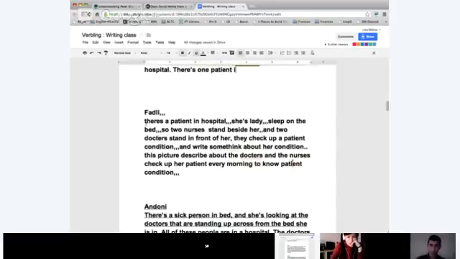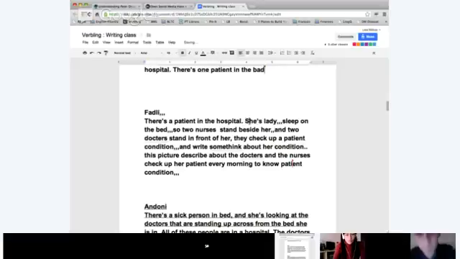Okay, good. All right. There's, so we put the apostrophe there to make there's a patient in the hospital, period. She's a lady asleep on the bed. 2 nurses stand beside her and 2 doctors stand in front of her, period.